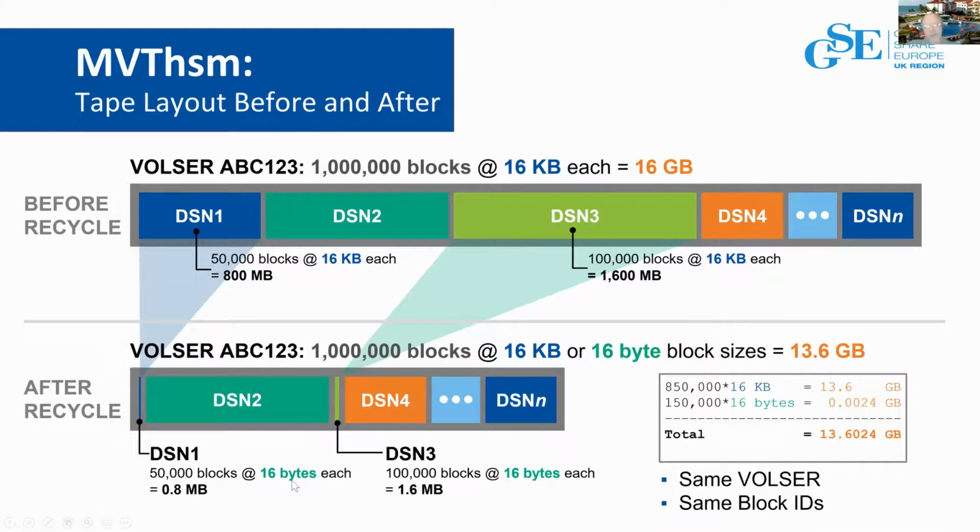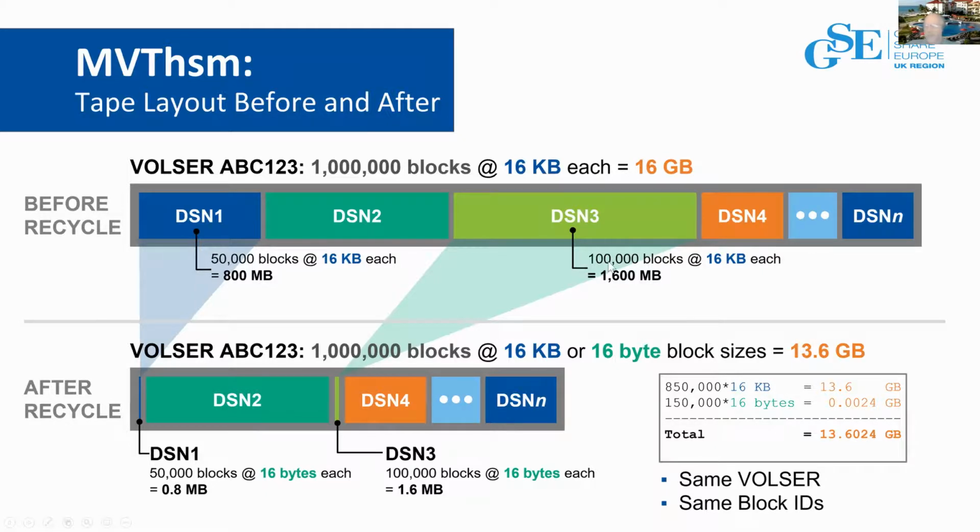Now, because we are preserving the block IDs with that 16 byte block header, we don't have to change the HSM CDS at all. So now instead of taking 800 megabytes, you're only taking 0.8 megabytes.